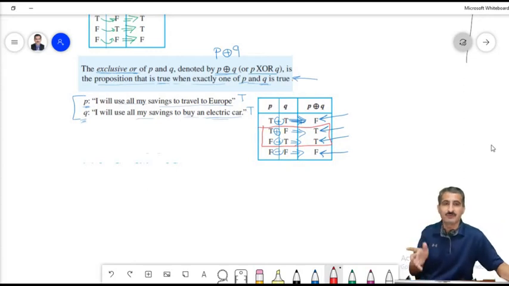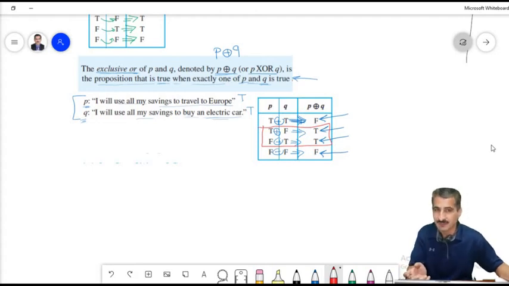If you go to Europe, then you cannot buy an electric car. So going to Europe, that proposition is true, while buying an electric car is false. If you buy the car, then you will not go to Europe. Now, the proposition of buying the car is true, and the proposition of going to Europe is false. So, the whole compound statement will be true only when you do one of these things and don't do the other thing. This is why it is true when exactly one of P and Q is true.